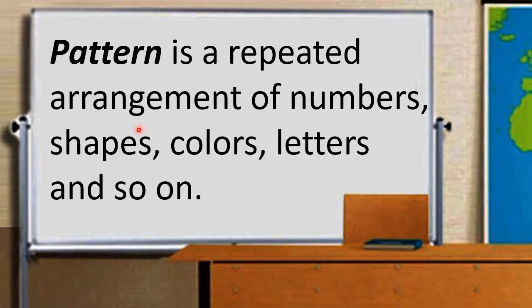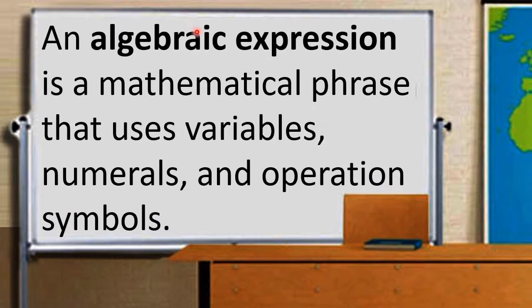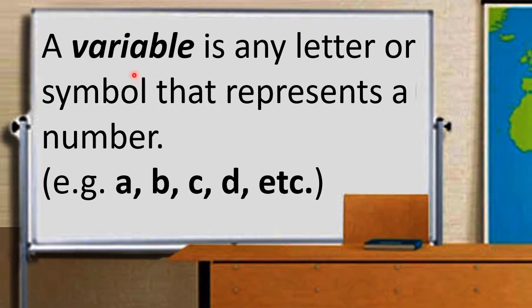It is a repeated arrangement of numbers, shapes, colors, letters, and so on. An algebraic expression is a mathematical phrase that uses variables, numerals, and operation symbols. We have variable. A variable is any letter or symbol that represents a number. Example, A, B, C, D, etc.